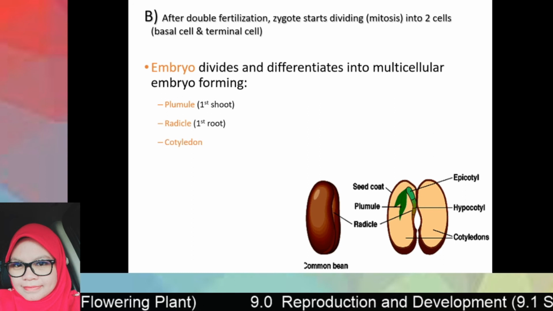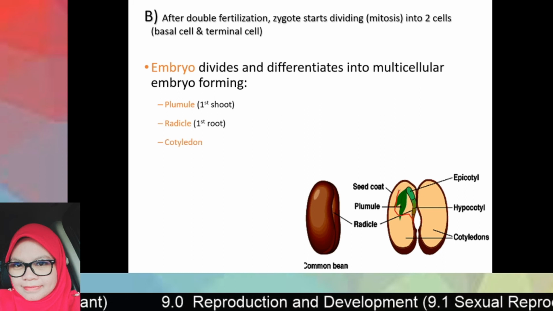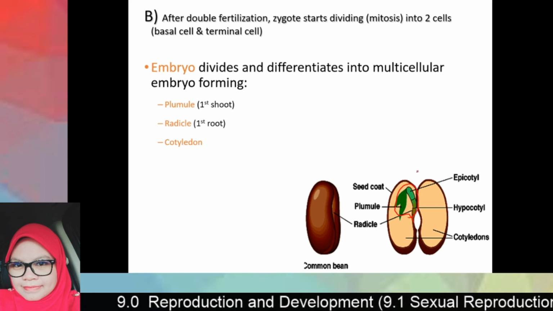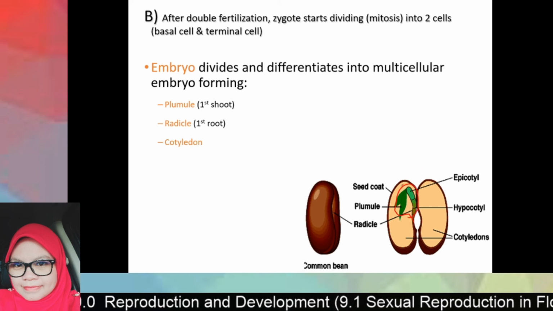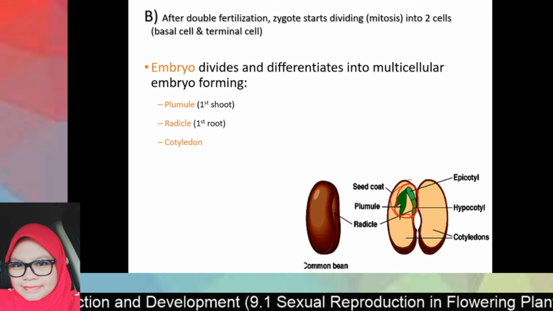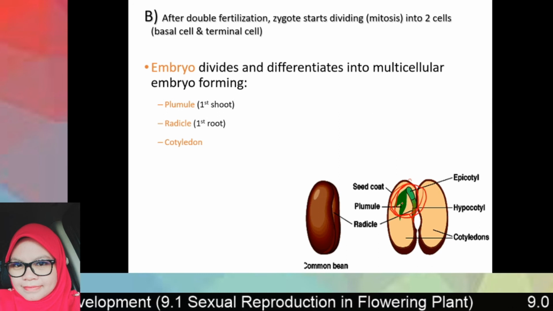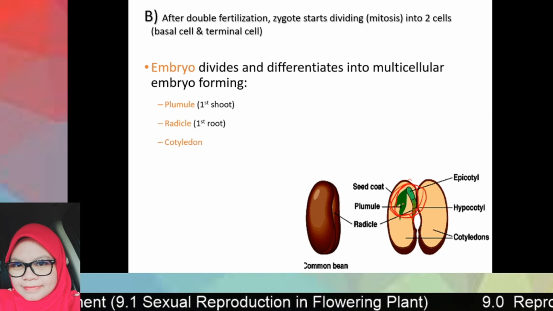Okay. So this is the embryo. The terminal cell will continue to divide until it forms the structure of the embryo, the new plant. Okay, the new plant.